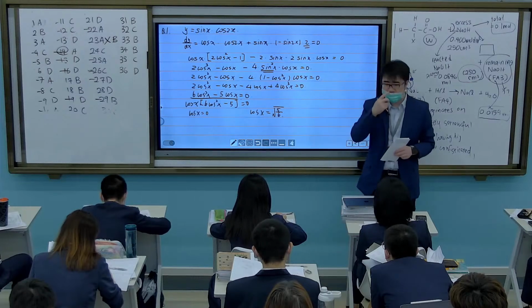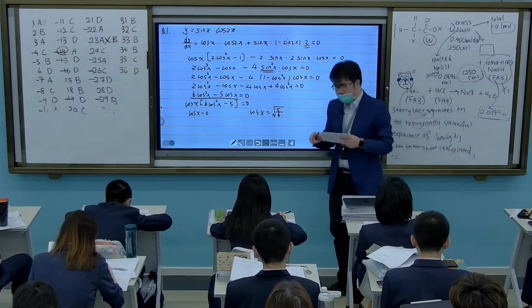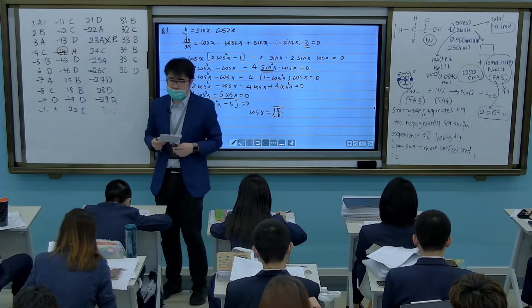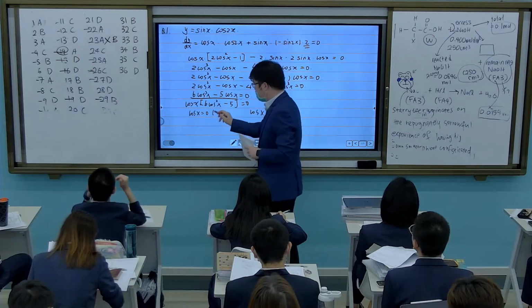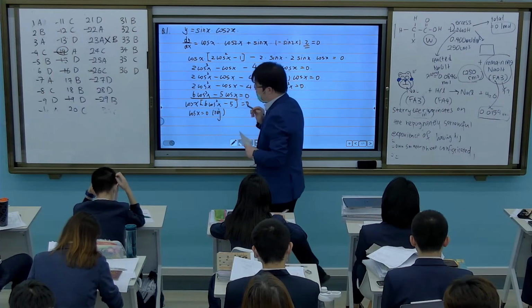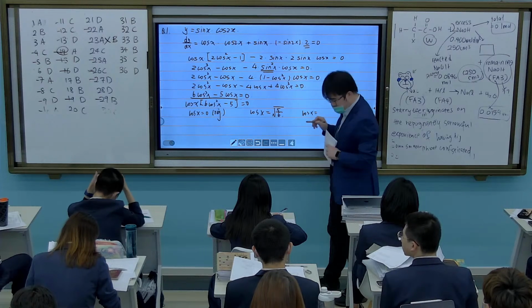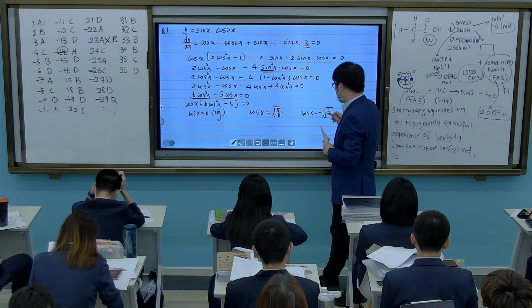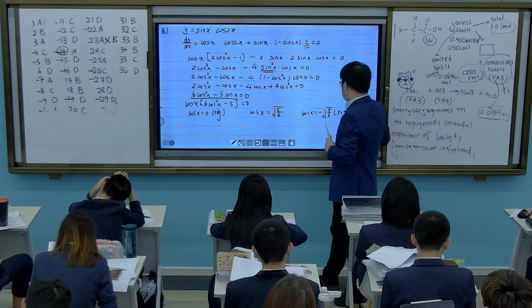Okay? And since the angle is in the range from 0 to half pi, cosine x equals 0 will be rejected. Also, the other solution, cosine x equals negative square root of 5 over 6, will be rejected also.